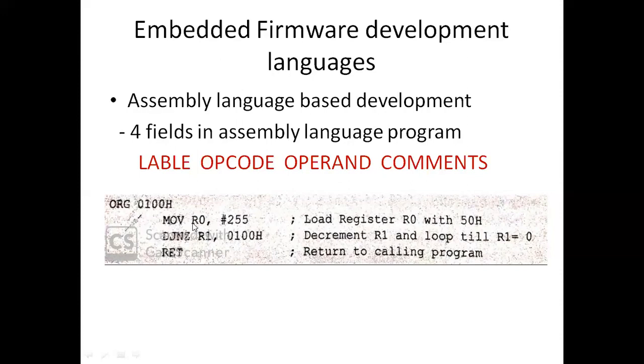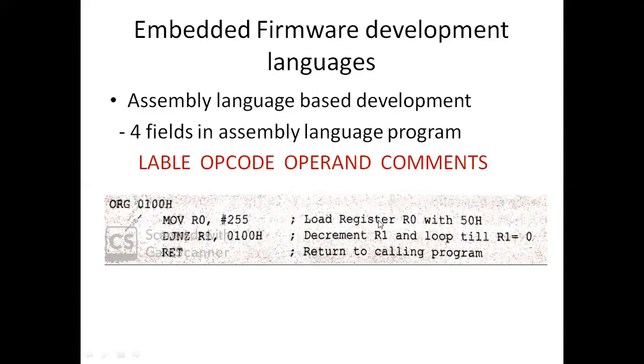It is processor dependent whether we will have 2 operands, 3 operands, and so on. Here I have 2 operands: R0 and an immediate data. So what operation is performed? Move R0 comma hash 255 means I am moving this data 255 to R0. This is the comment written.